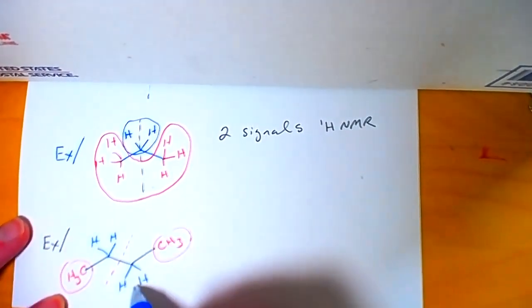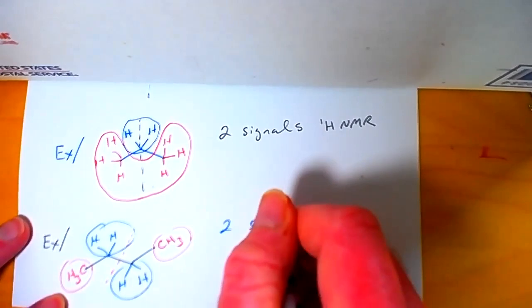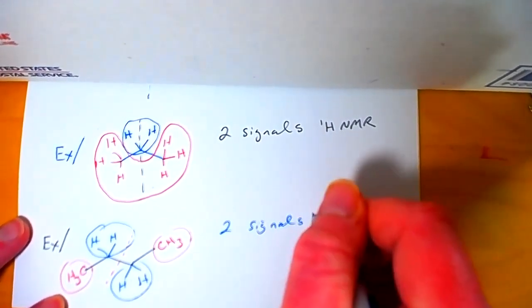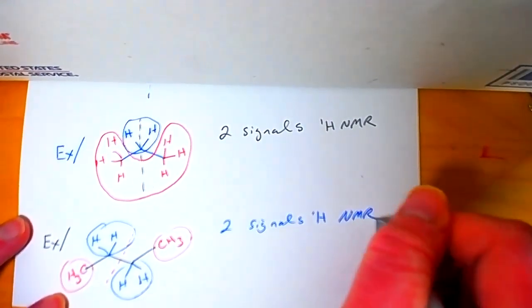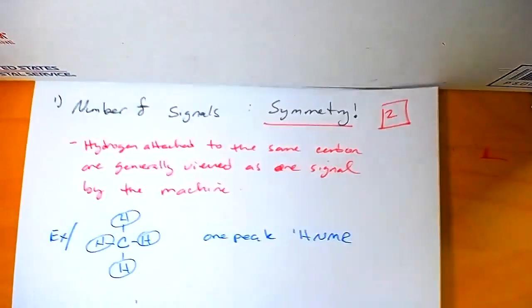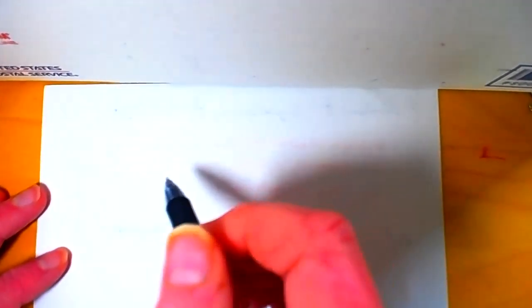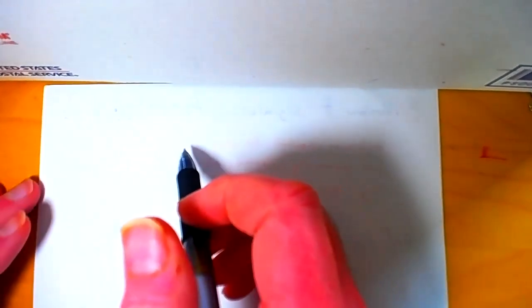And all of these hydrogens here that I've colored in blue are going to show up as one signal. So 2 signals in the proton NMR. Okay. So if you're used to looking for planes of symmetry in compounds, you're going to see that a whole lot, okay, in this section.